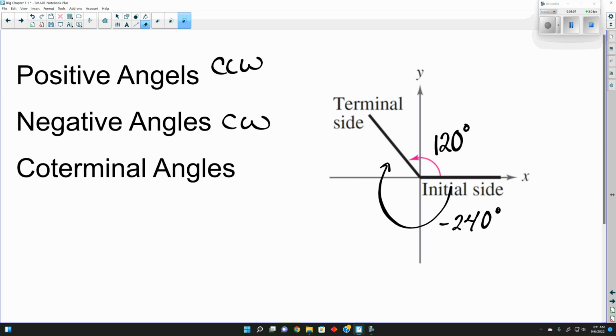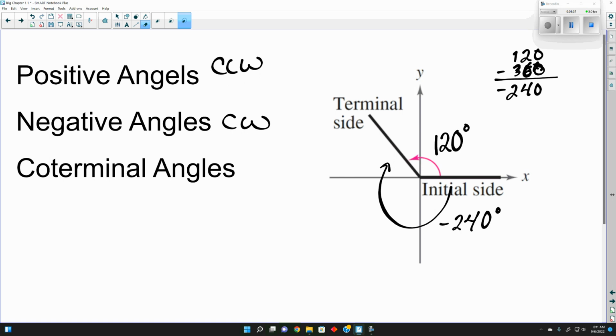And again, all we need to do to find it, if we're given the positive direction, is subtract 360 from it. So if I subtracted 360 from 120, we'd actually be saying 120 minus 360 will give us negative 240.